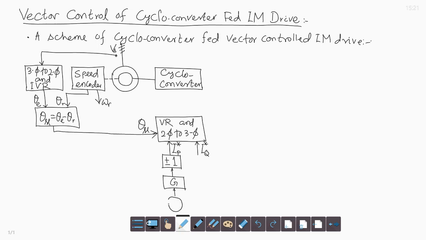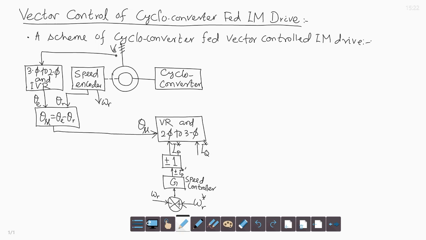and here we have the actual speed feedback, rotor speed feedback omega r, and command value of the speed command. So this is the speed controller, which has the transfer function G. So speed controller output is IP plus or minus, let us say it, IP star dash.